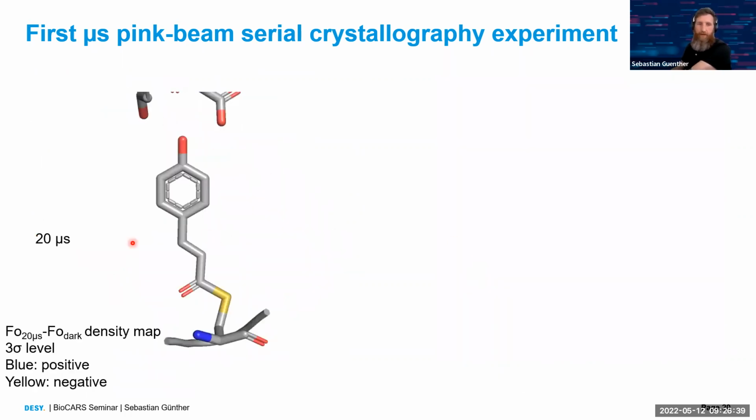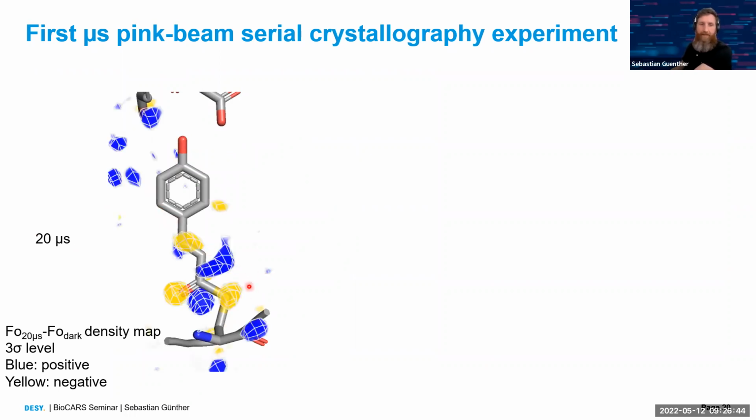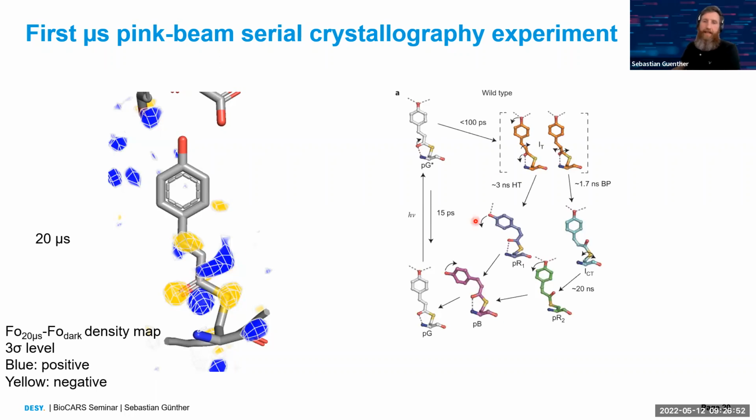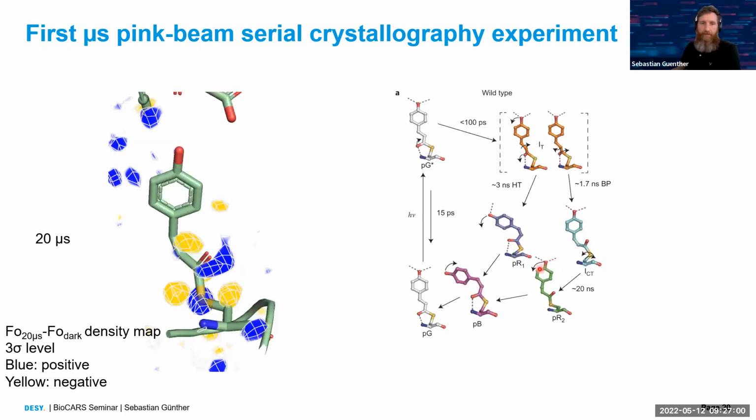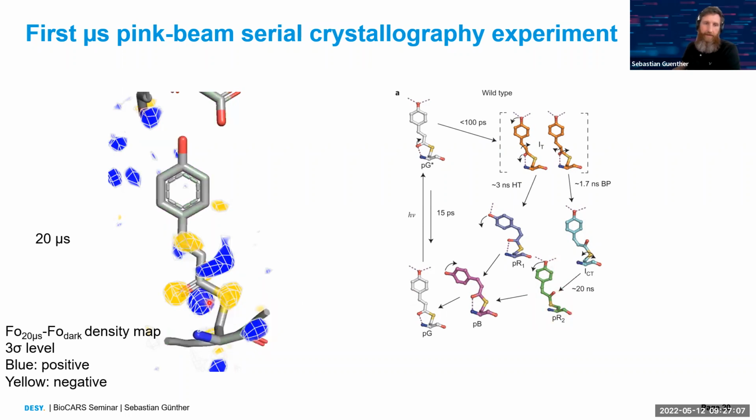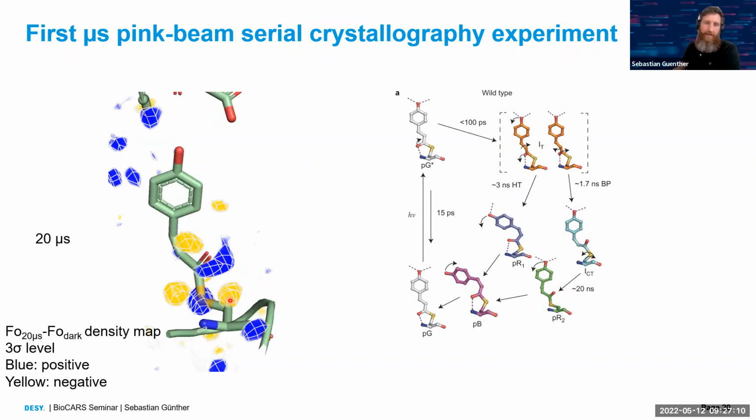But if we just focus on the chromophore, this is the difference electron density, and we see clear pairs of positive and negative electron density next to each other. If you compare this with the proposed scheme of the light cycle, and here I superpose, for example, the structure of the PR2 conformation, if you switch back and forth, you see this fits well with part of the positive peaks we have in this region.